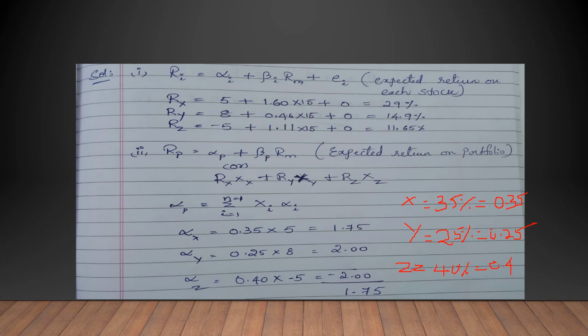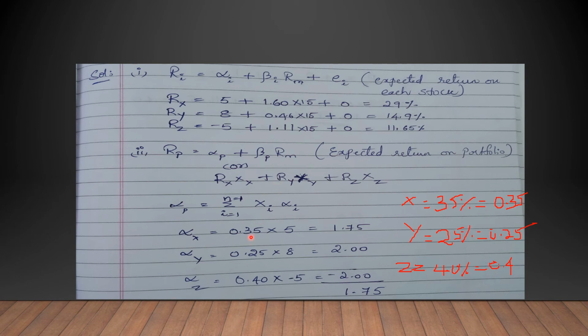So the values for alpha are given directly in the question. So 0.05 means it is 5%. 0.08 means 8%. Then minus 0.05 means 5%.